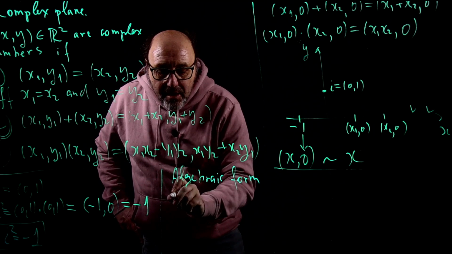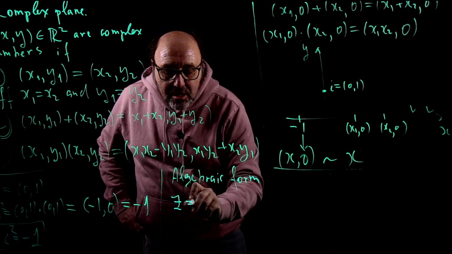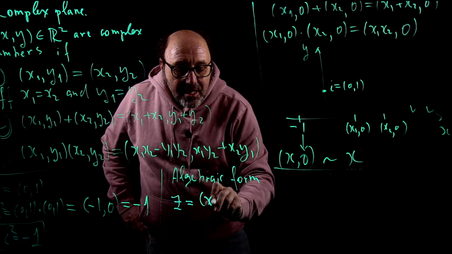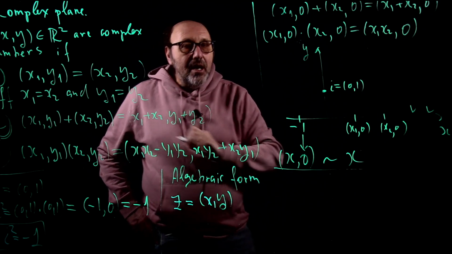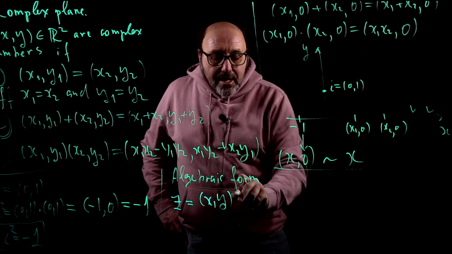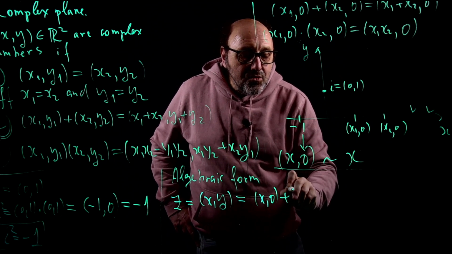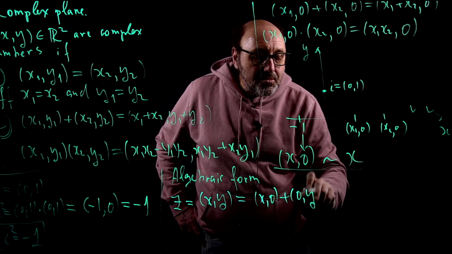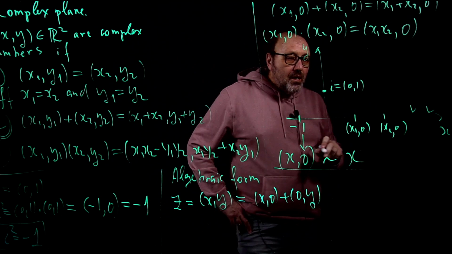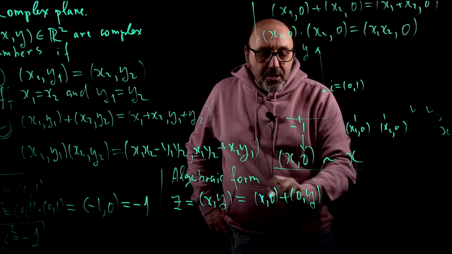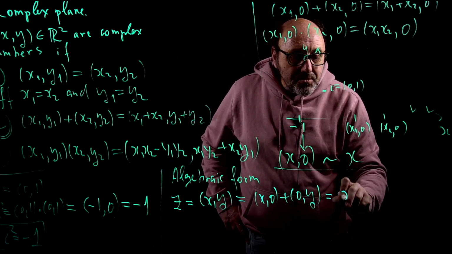If we have a complex number z, this is the standard notation, that is a couple (x, y), we can write this couple as a sum of two couples. The first couple is just x.